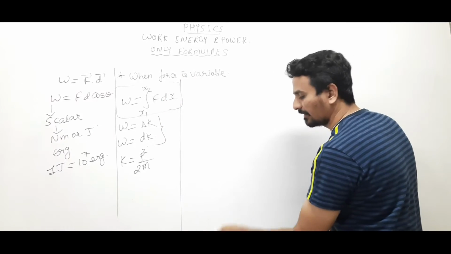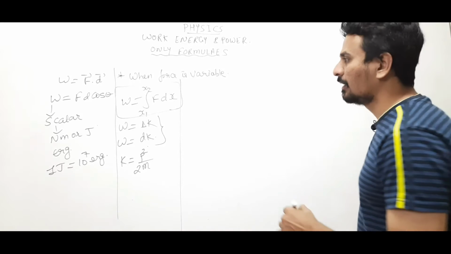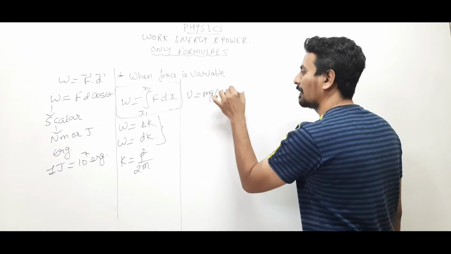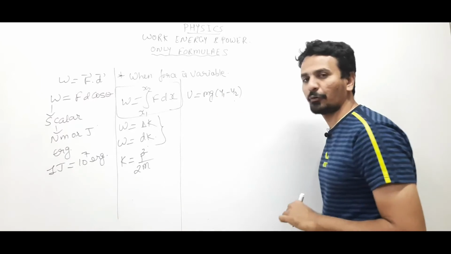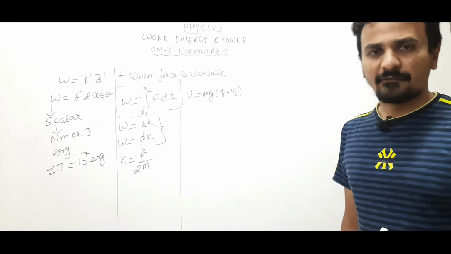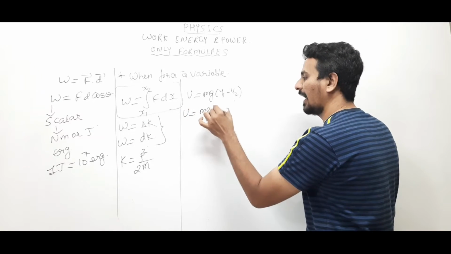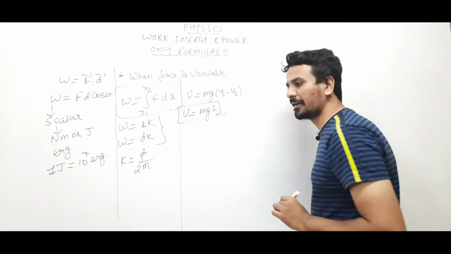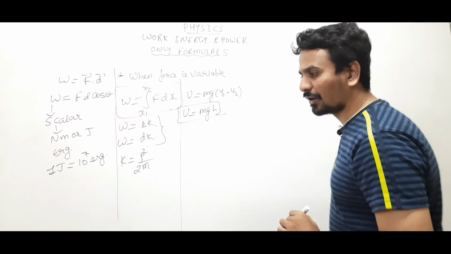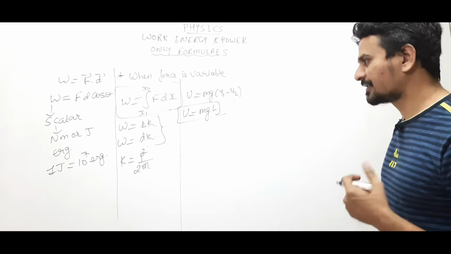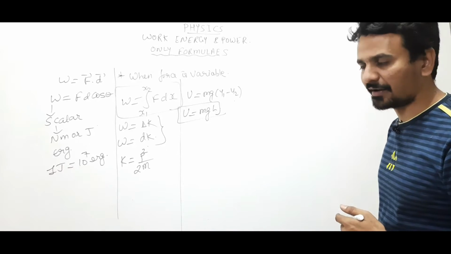Then we had seen the concept of potential energy, where potential energy change is equal to mg (y1 minus y2), where y1 and y2 represent the initial and the final position, right? So energy is equal to, say, mgh. This is the potential energy. It is because of the configuration, because of the position, that the body has potential energy, right?